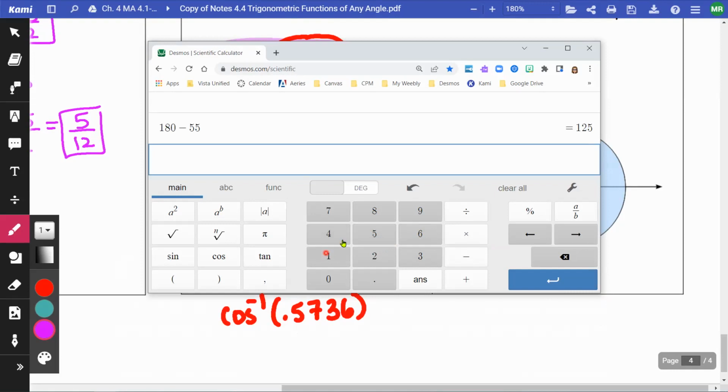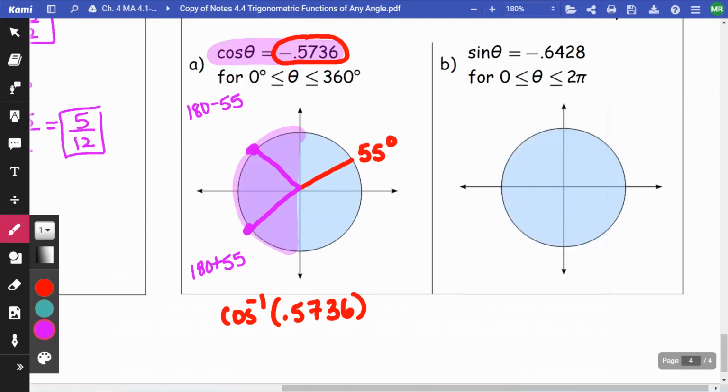And I'm going to do 180 plus 55, which is 235 degrees. So those are going to be the two angles. Again, this one was 125 degrees, and this one ended up being 235 degrees. And so those are going to be our two answers.